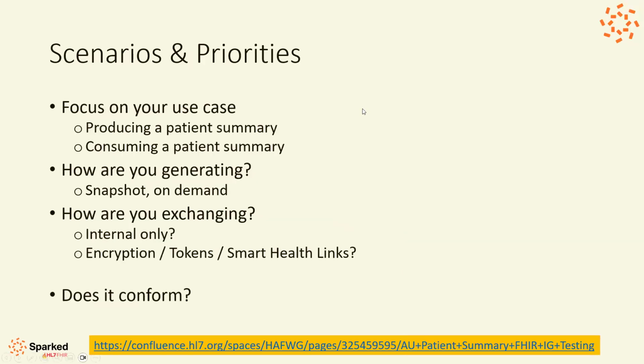So what should we be focusing on testing? I'd like to ask that of the people on the line here. In terms of structuring test events and providing support for things, and also just for the Australian Patient Summary Project, what things do you think we should be testing?